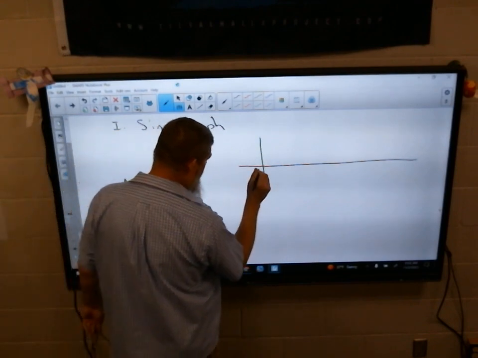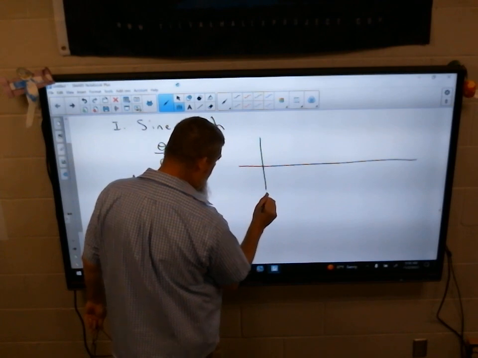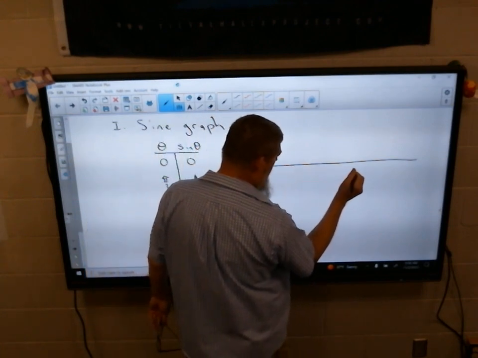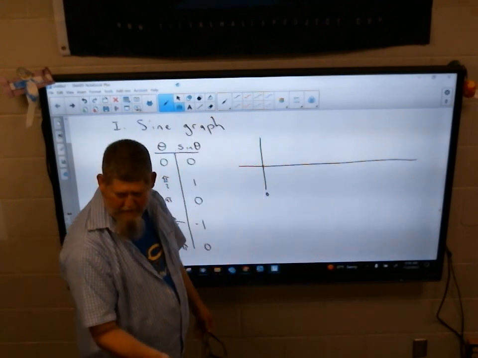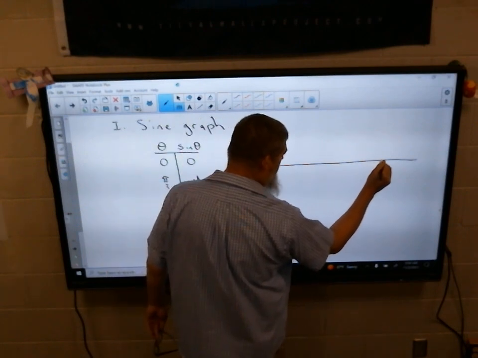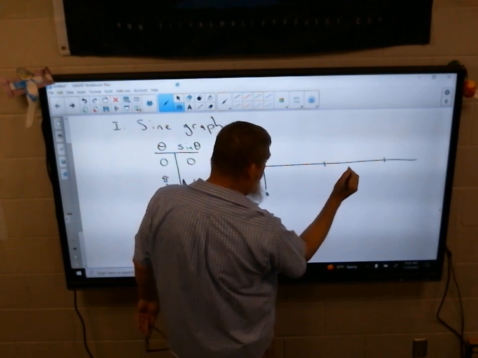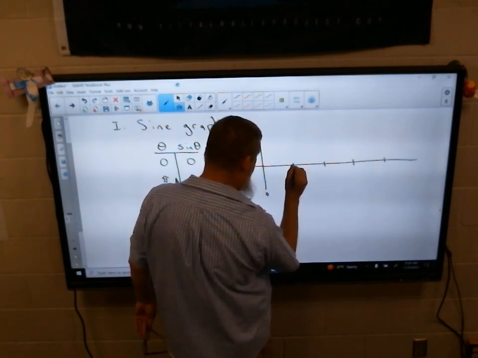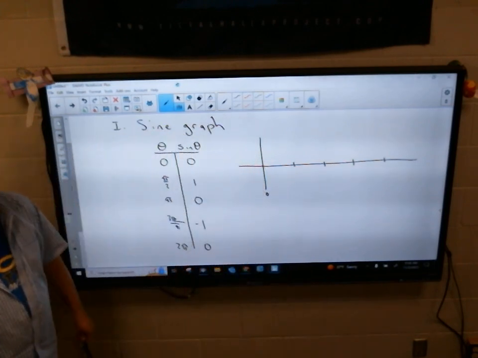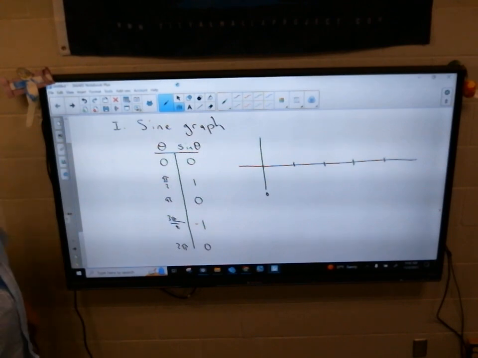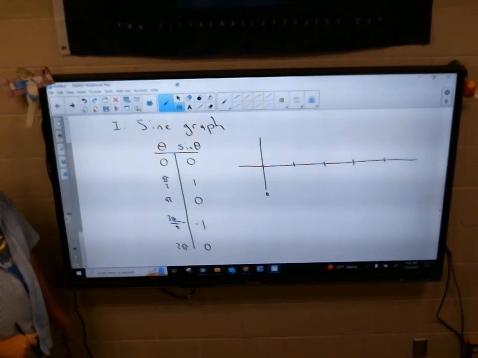Obviously, this here is going to be 0. And then let's put 4 equal marks. So if I want 4 equal marks, if you simply put a point out here, cut it in half, and cut both of those in half, you can kind of eyeball it pretty closely. So these are going to be my theta values.